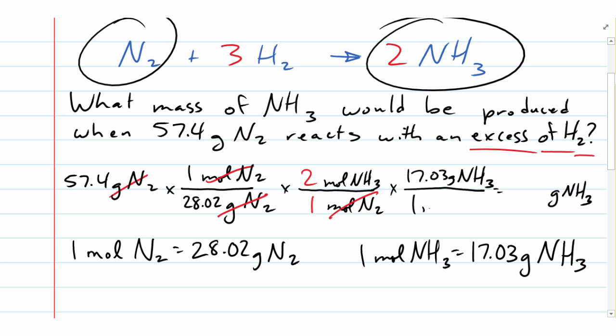On the bottom, to cancel out those units. So then we have this all set up to solve. We take 57.4, multiply that by 2, multiply again by 17.03, and divide that by 28.02.